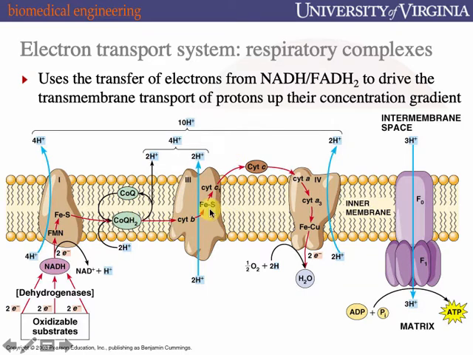As these complexes are gaining or losing electrons, there are conformational changes, and those conformational changes give rise to the movement of protons across the mitochondrial inner membrane. Depending upon the complex, there are certain numbers of protons pumped across that membrane.